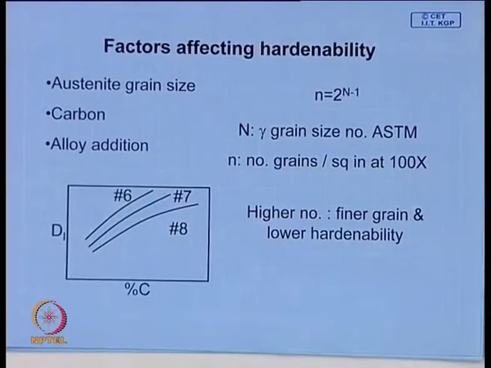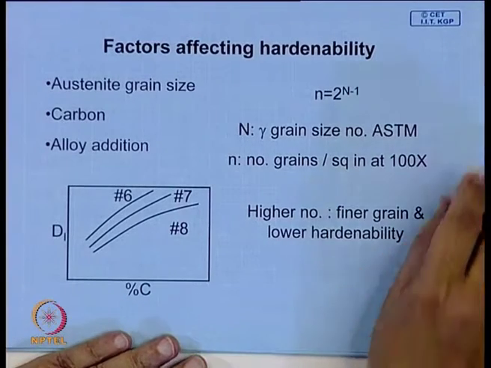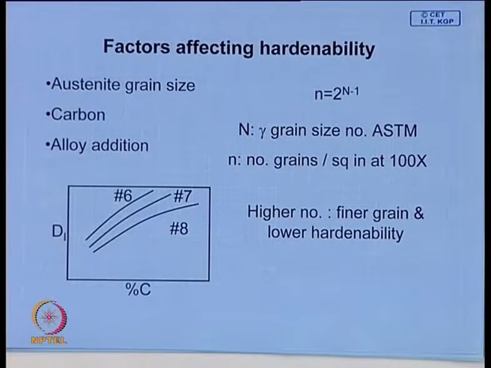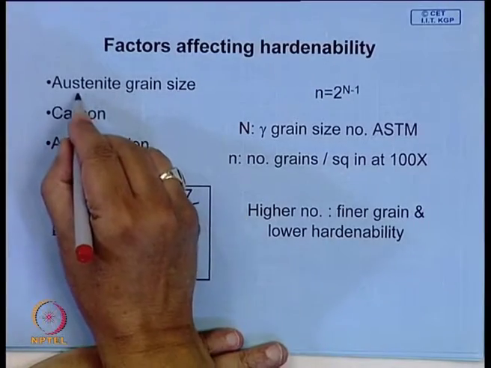And now, a point about the factors that determine hardenability of a steel. What are the factors? We just mentioned that one important factor is the austenite grain size, and let us see what these factors are and how you determine them. So, one way is this austenite grain size.